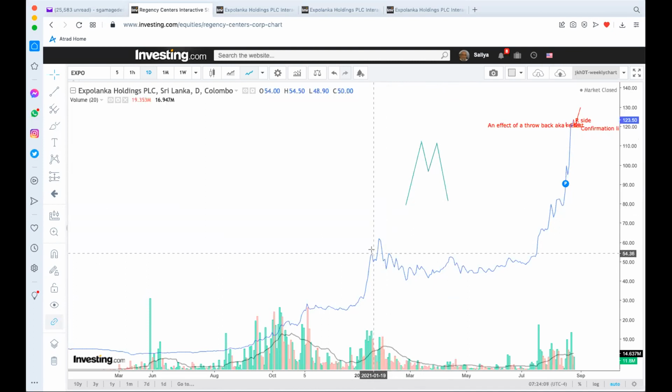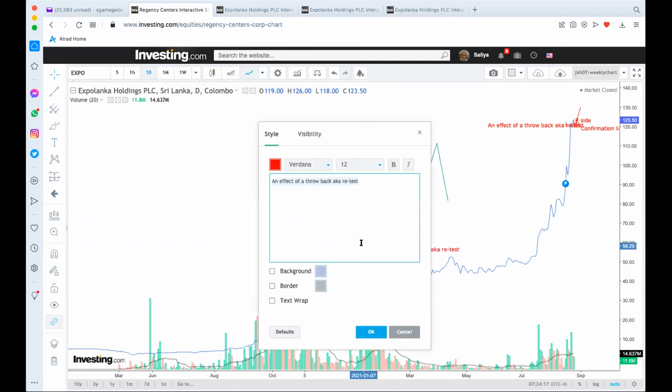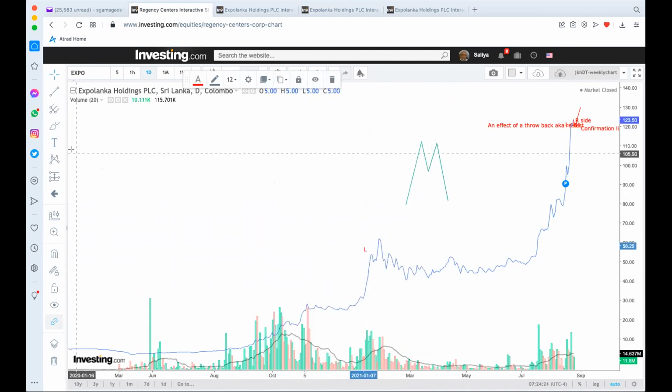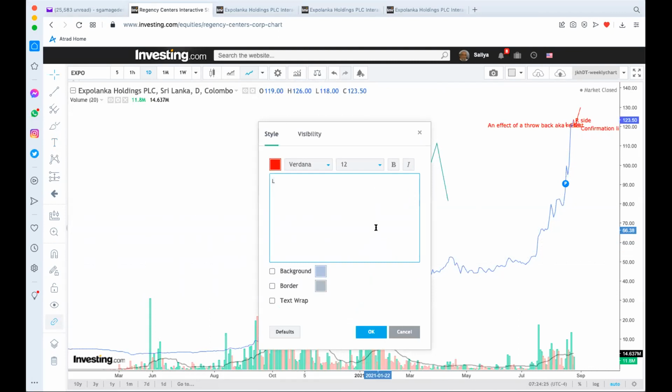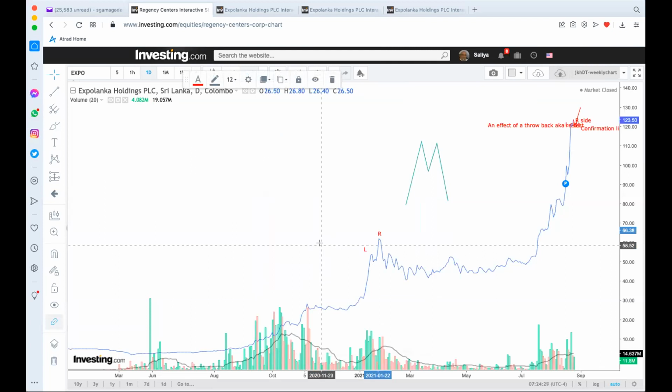Now, if you look at this double top formation, where the L is this, and the R is this, you can see that distances are different.